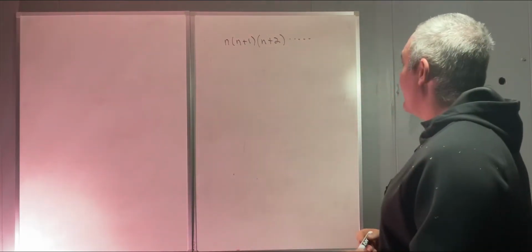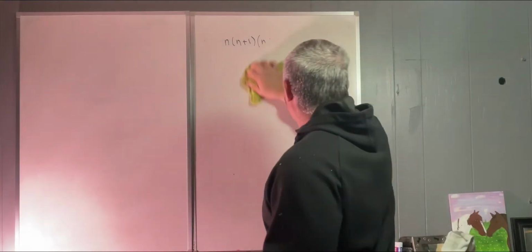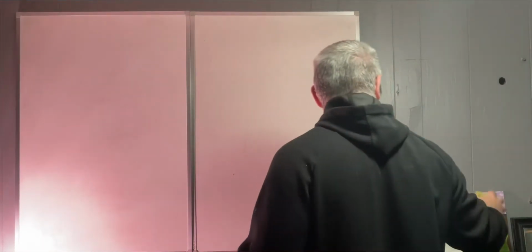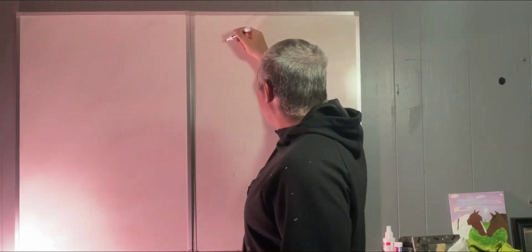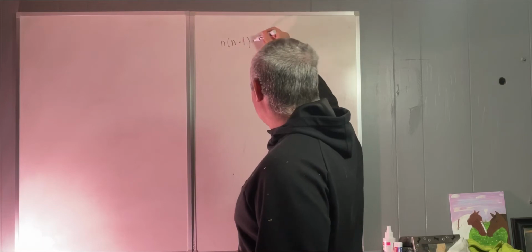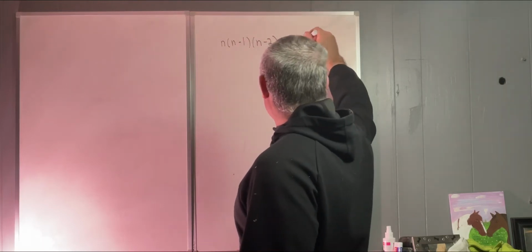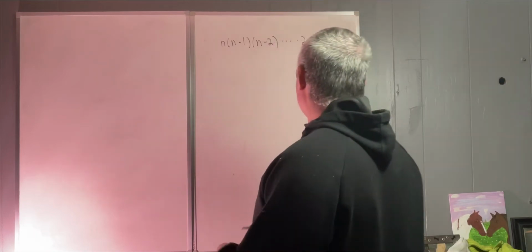I'm sorry, that's incorrect. It's more proper to write it like this: n times n minus 1 times n minus 2 times 2 times 1, like that.